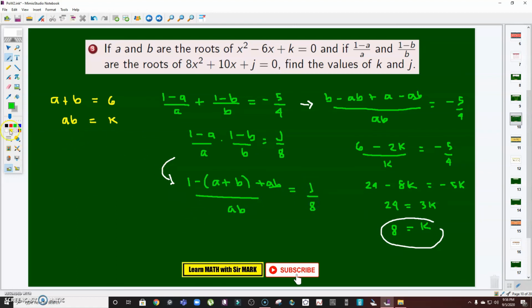Next. So, that is 1 minus, a plus b is 6. So, 1 minus 6 will be negative 5. Plus ab, that's k, but k is 8. Again, that's 8, equals j over 8. So, clearly, I can now get the value of j. Therefore, the value of j is just equal to 3. There you go.